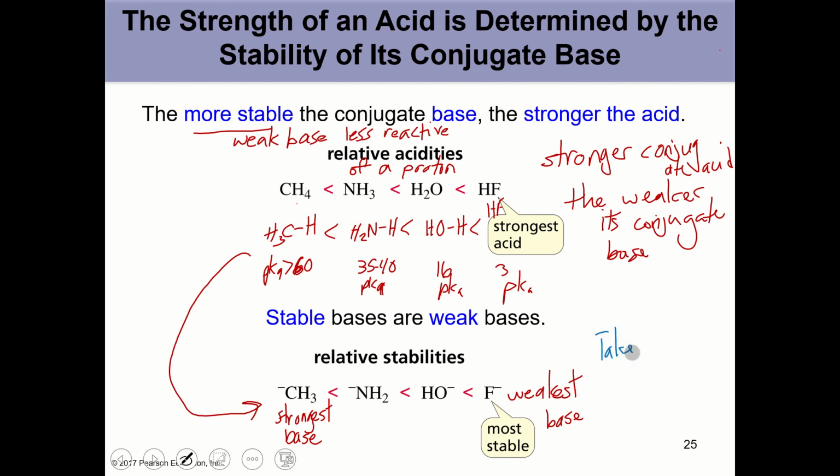Take the base, draw the conjugate acid, rank the acid, the strongest acid corresponds to the weakest base.